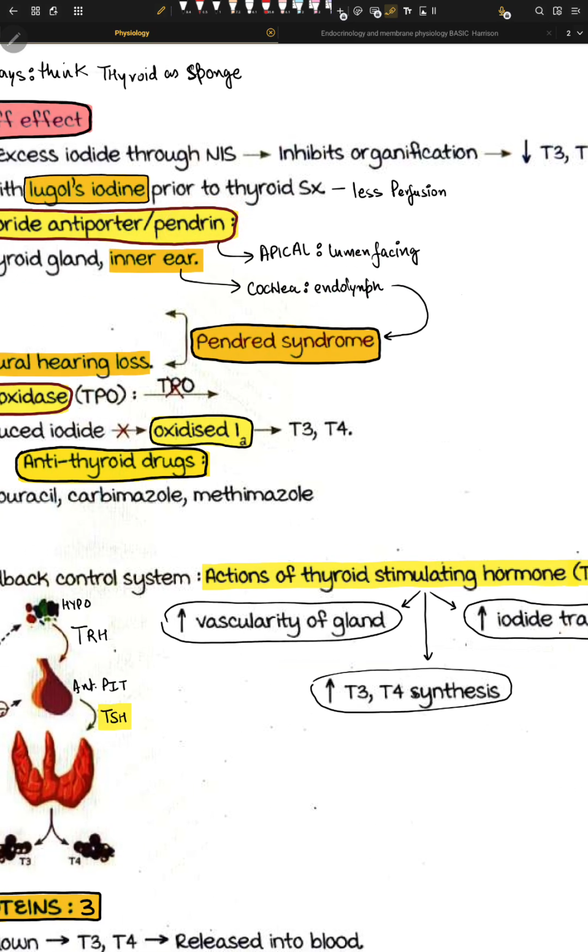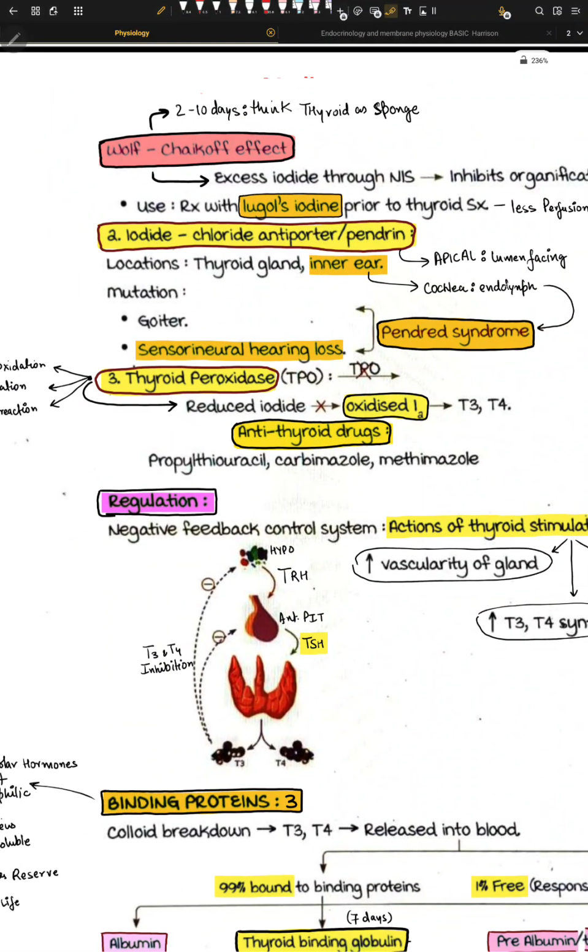Okay, so what happens is this endolymph is present in the cochlea, and then we have something called Pendred syndrome, where the pendrins are not working. So if the pendrins are not working, you will have less T3, T4, because you will not get iodine on the apical side.